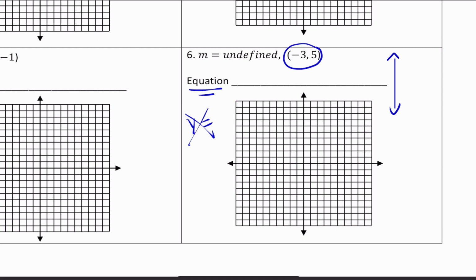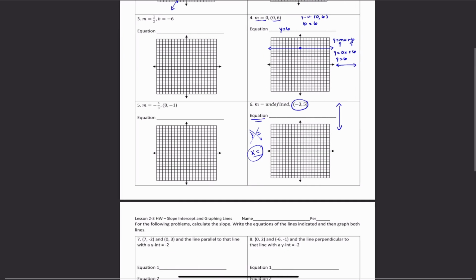It is always x equals something. Okay? So if it's x equals something, you need to choose either -3 or 5, and you put it right here. So make sure you make your educated guess for that one. Okay?